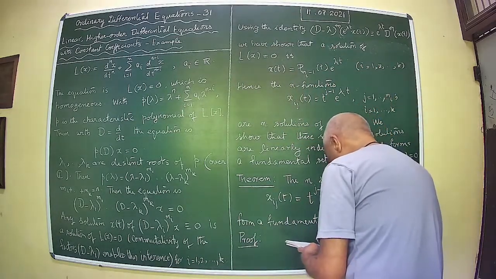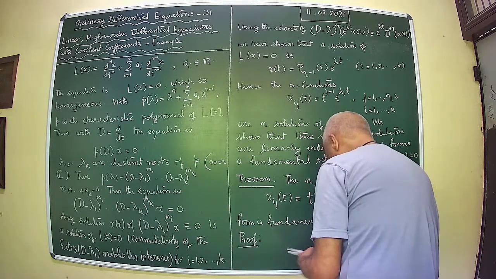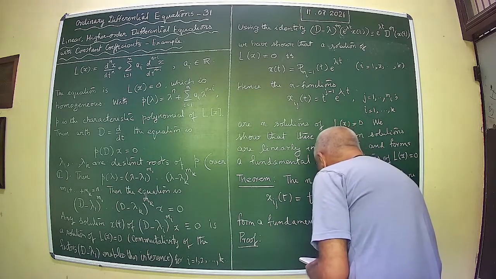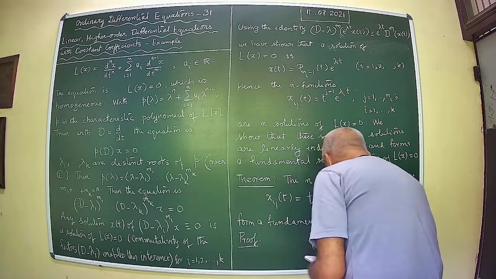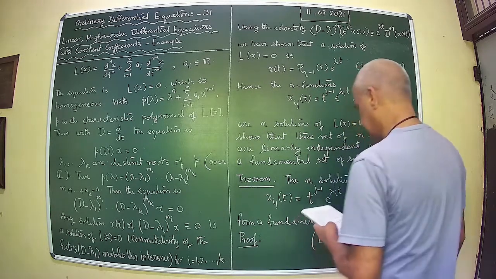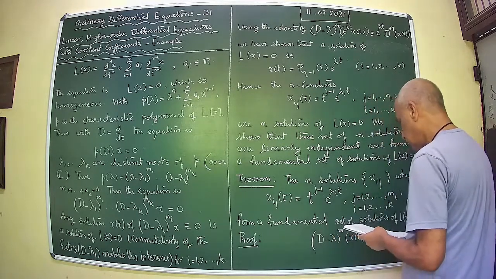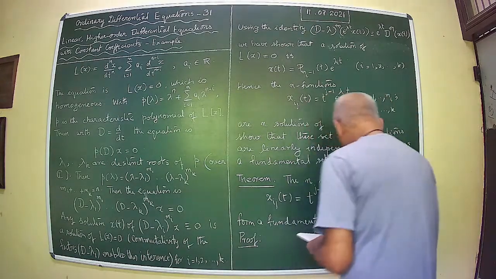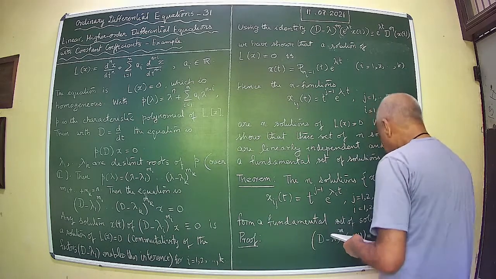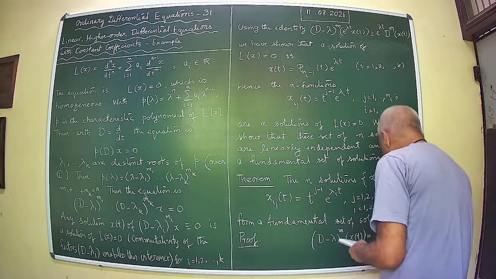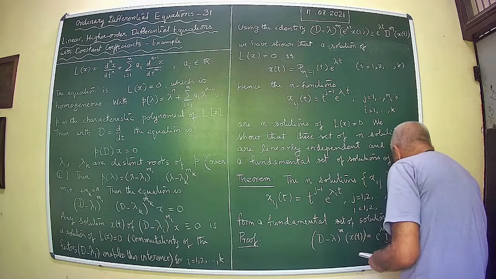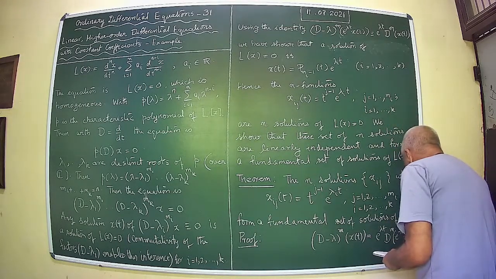So you can prove this, that D to the power k x(t), which is identically equal to 0, and now this is equal to, you can show that e to the power lambda t into D to the power m of e to the power minus lambda t into x(t). This you can show.